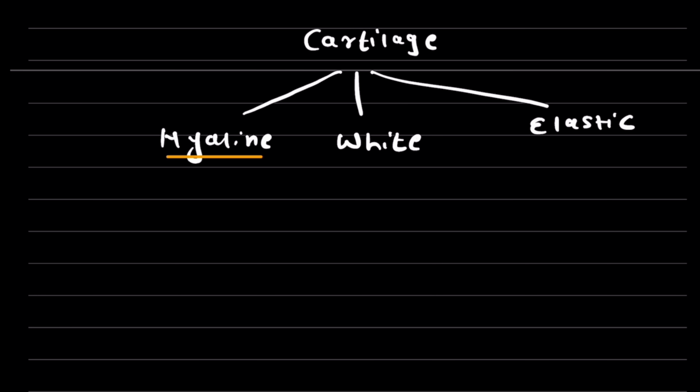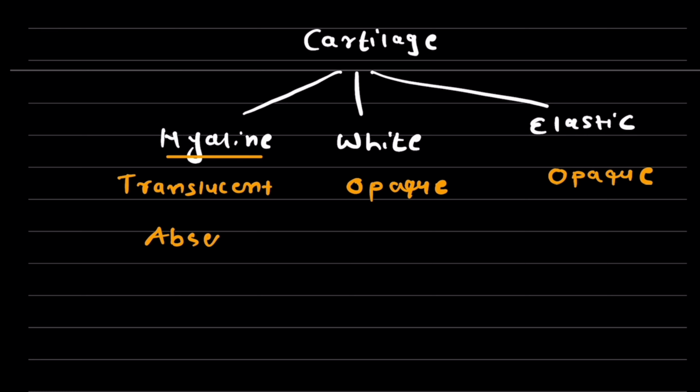Hyaline, as the name indicates, hyalos means glass. Glass-like structure, translucent in appearance. White fibrous has an opaque structure, and elastic also has an opaque appearance. Fibers are absent in hyaline cartilage.